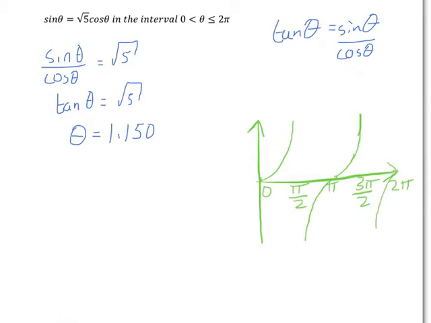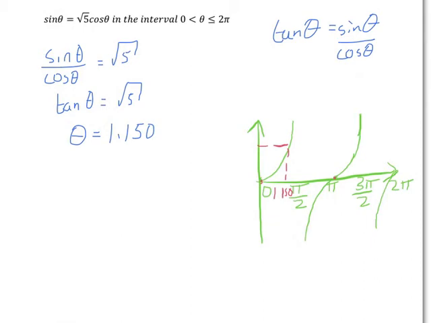Now this 1.150 is less than pi over 2, so it is 1.150 in from there. So that means it also needs to be the other place where it's 0, which is here. It needs to be 1.15 in from pi.